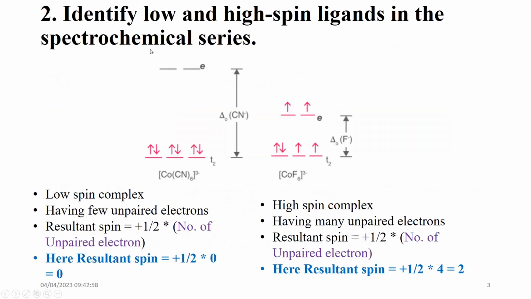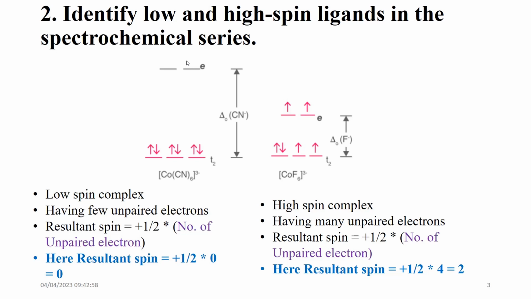Question number 2 is how can we identify low and high spin ligands in the spectrochemical series? First of all, we have to understand the low spin and high spin ligands, what they are and why they're called low spin and high spin.